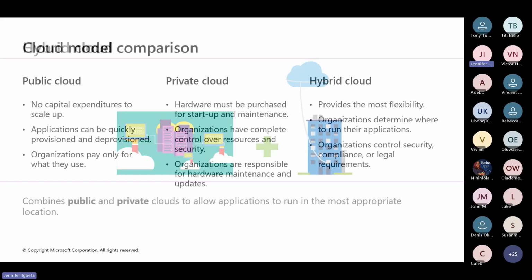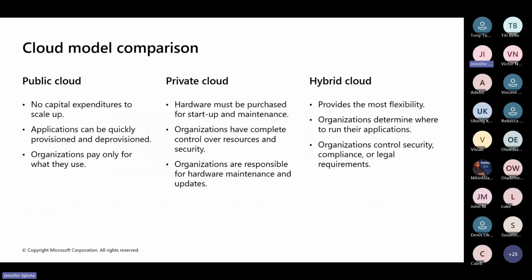So with all that I have just said, you can see the comparison over here. For public cloud, there is no capital expenditure to scale up. That's to add multiple computing resource power. So instead of 4 gig RAM, you're using 16 gig RAM all of a sudden. You do not require expenditures to scale up because it is done by the cloud provider.